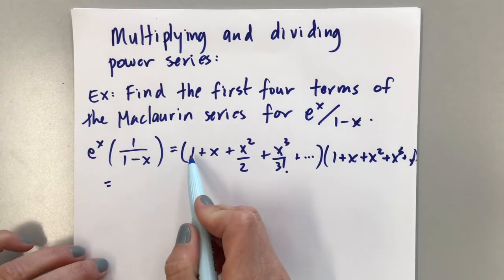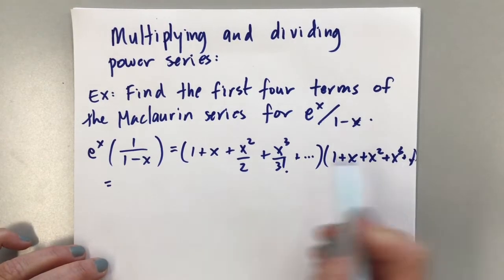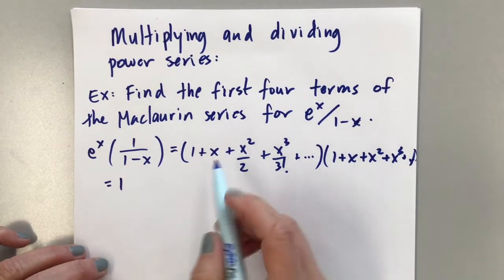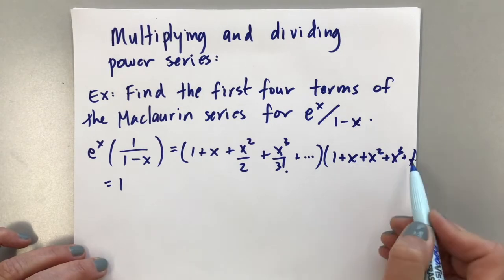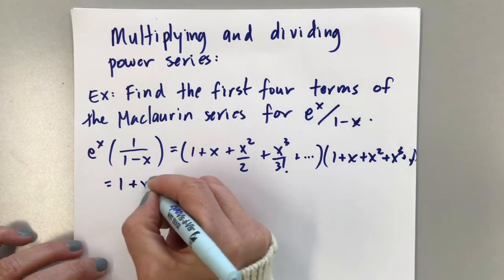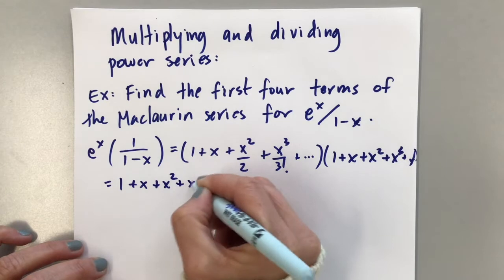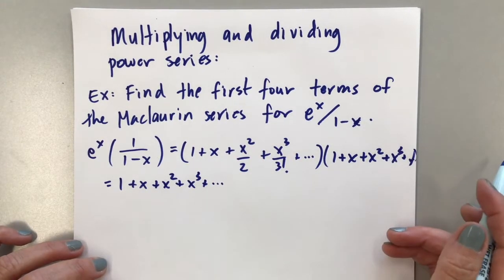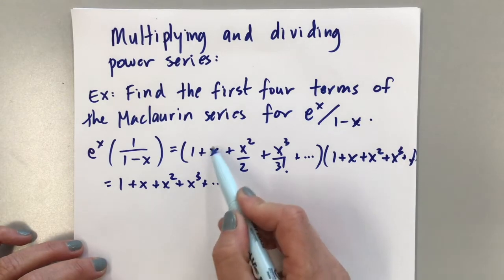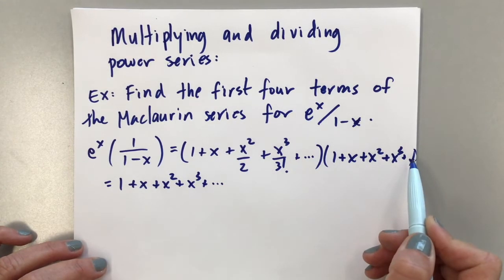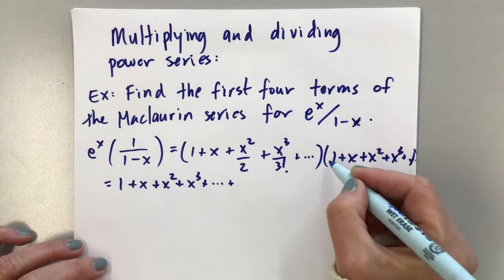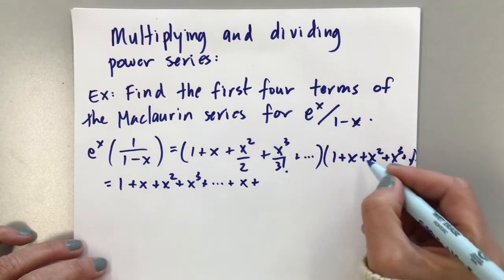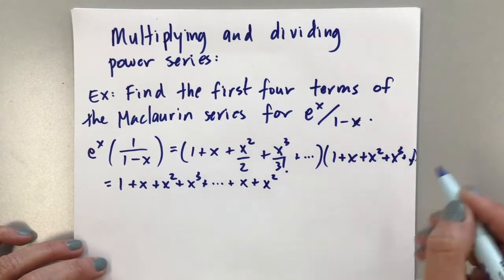Okay, so we're going to have 1 times all of this. Okay, so 1 times 1, 1 times x, 1 times x squared, 1 times x cubed. And then, of course, a lot of other terms when I multiply the 1 to everything that's left. Next, we'll take this x and distribute it to this power series. So plus x times 1 plus x times x, etc.